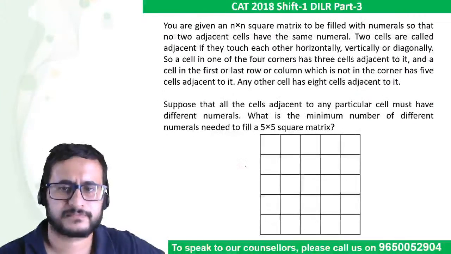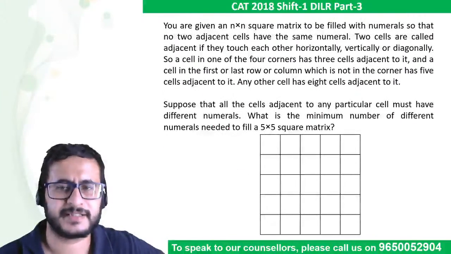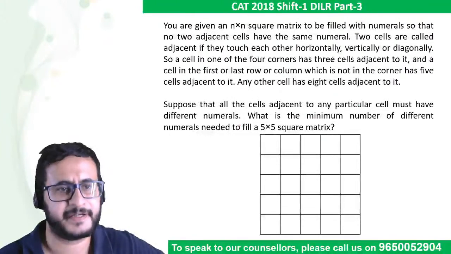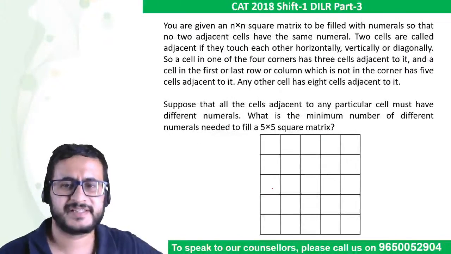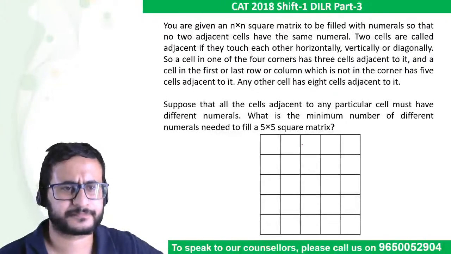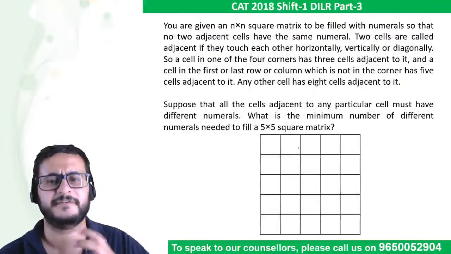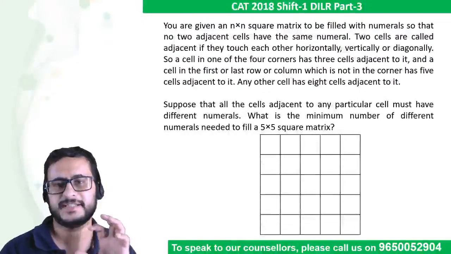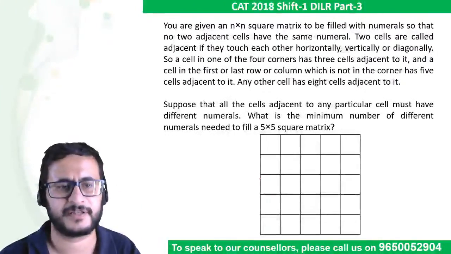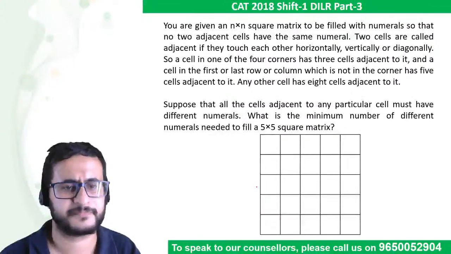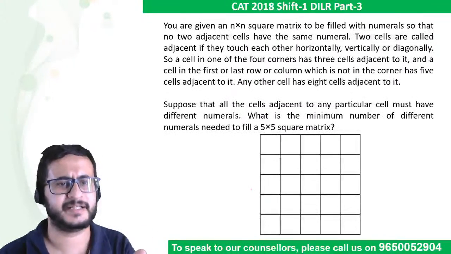Now all cells adjacent to a particular cell must have different numerals. So what is the maximum number of adjacent cells? Is it given to us in the question? Even if it was not given, which cells would have the maximum number of adjacent cells? Obviously the ones in the center, right?